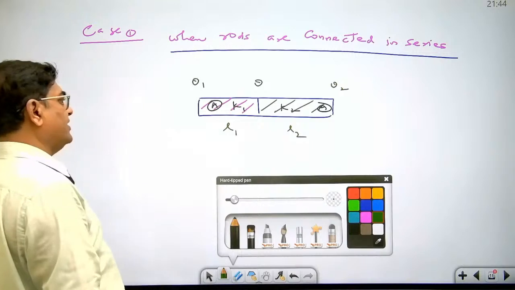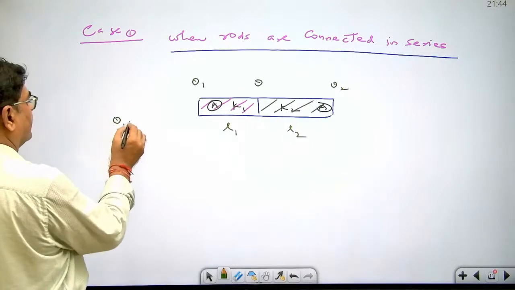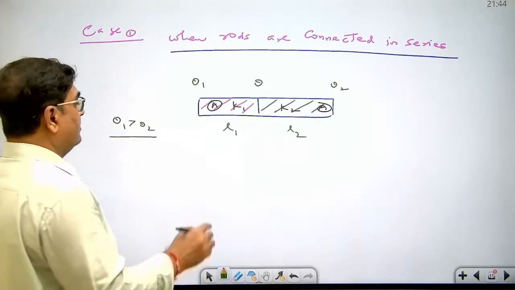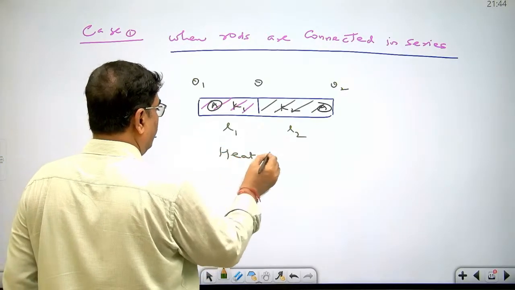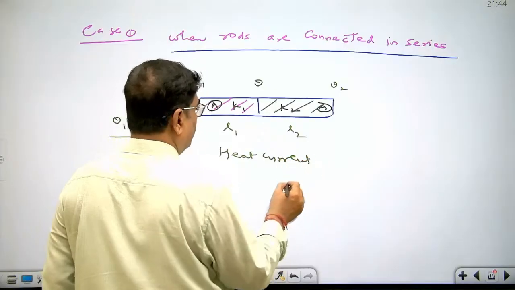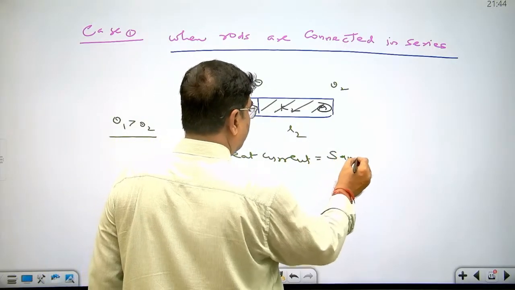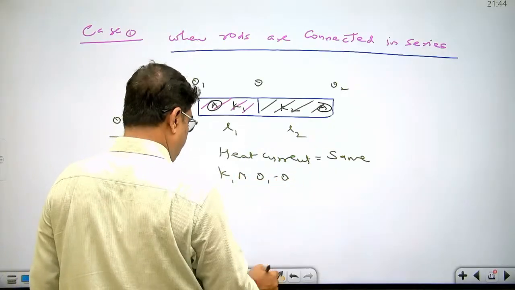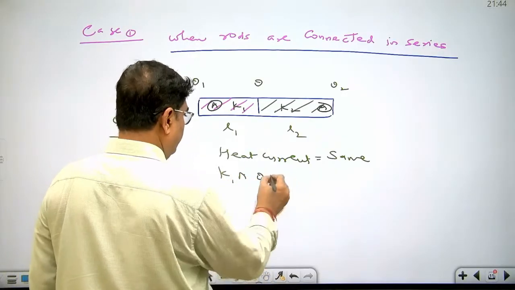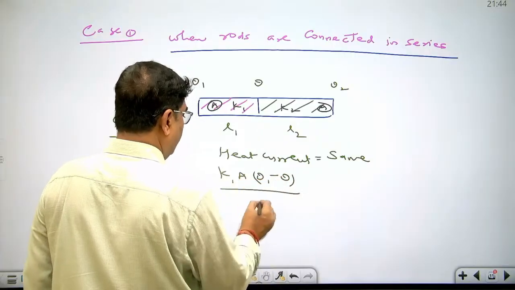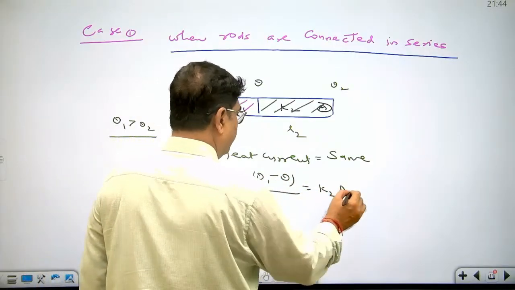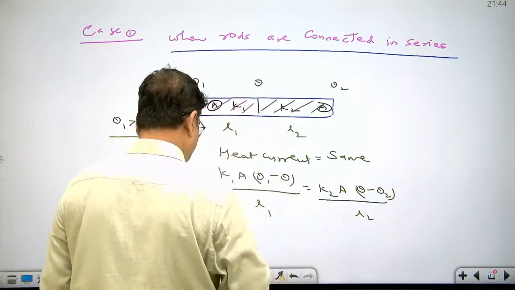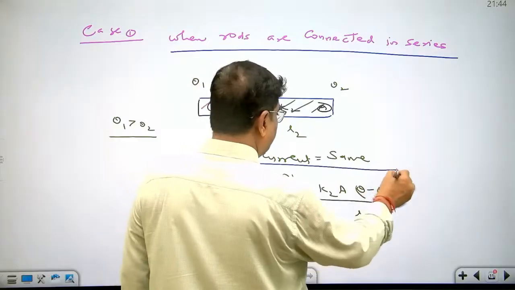In case of series grouping, let us assume theta 1 is greater than theta 2. In case of series grouping, heat current remains constant. So we can write the equation K1A(theta 1 minus theta) divided by L1 equals K2A(theta minus theta 2) upon L2. With the help of this equation, we can solve for the junction temperature.